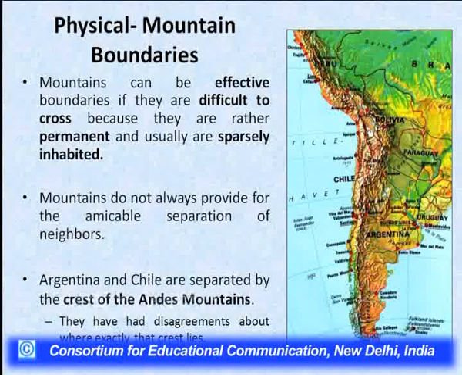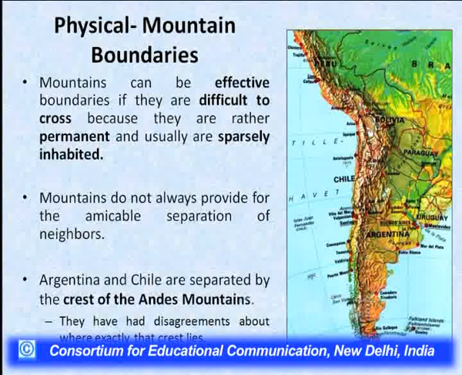We can see examples of mountain boundaries prevalent in different regions of the world, like the Argentina and Chile boundary. They are separated by the crest of the Andes mountains, but there is a contention between these two countries about where this crest line should be, because Chile claims the western side and the eastern side is Argentina.